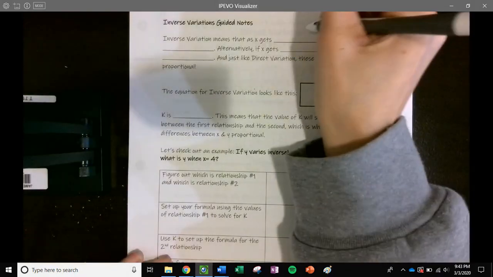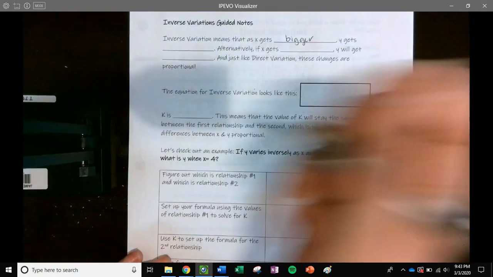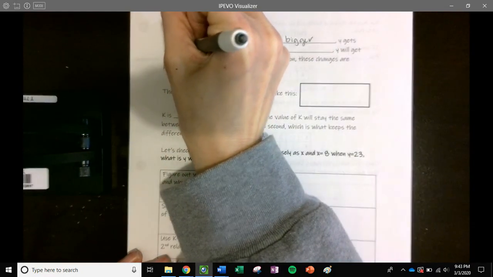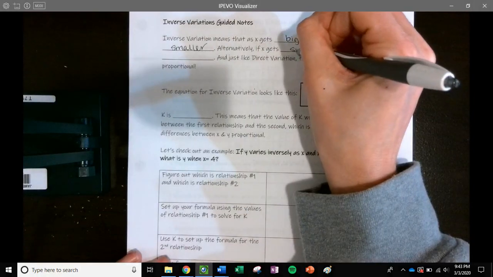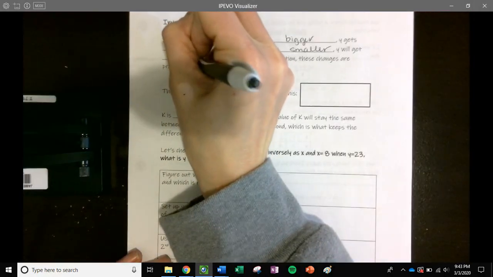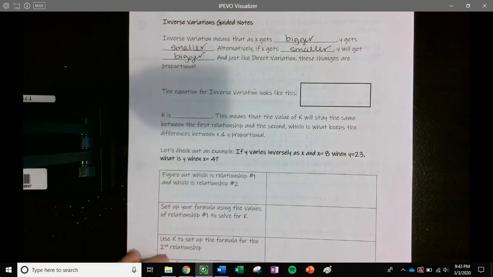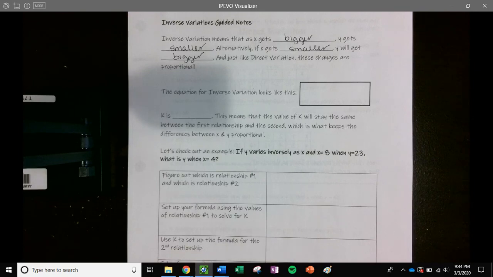So with inverse variation, if x gets bigger, y gets smaller. And alternatively, if x gets smaller, what happens to y? You guessed it. Y gets bigger. Just like direct, these changes are proportional. With any variations, you have proportional change.